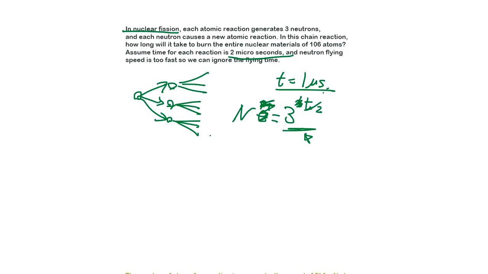Okay. So n is 10^6. In order to reach 10^6, what is t? That's the question. So if you take log base 3 of n, that's t over 2.